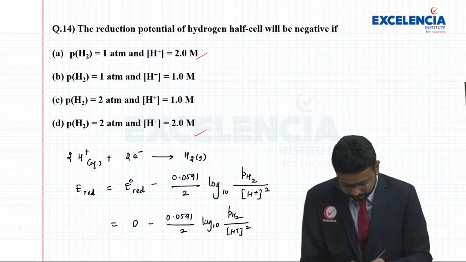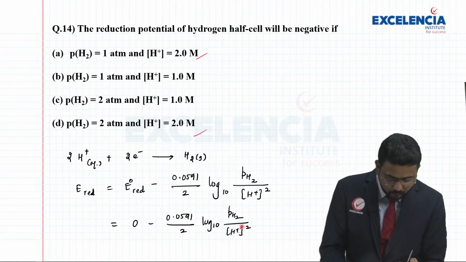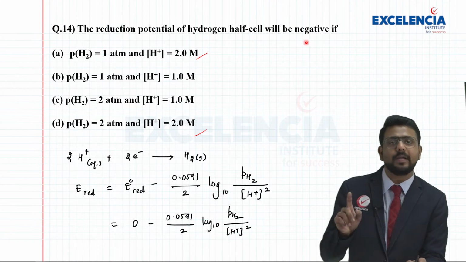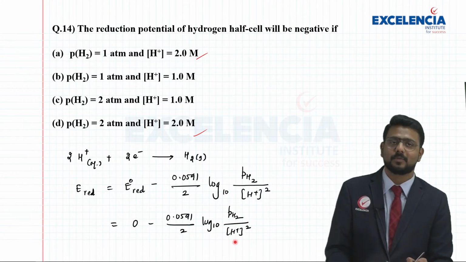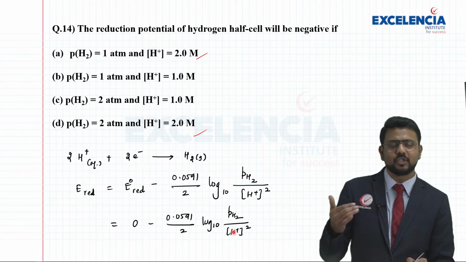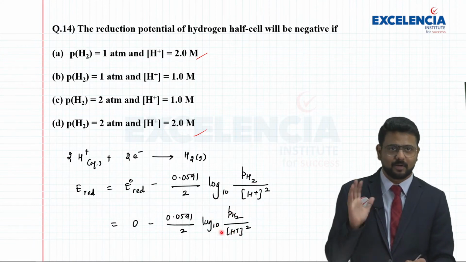Now understand here that this entire value will be negative only if the value of this particular log term comes out to be positive, right? So let's see in which cases you may get the value of this log as negative or positive.